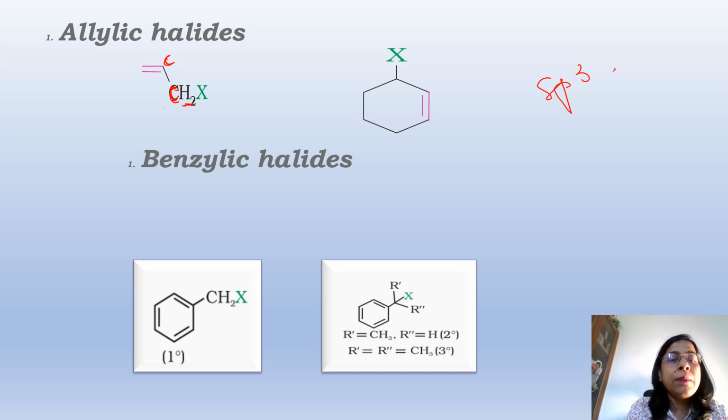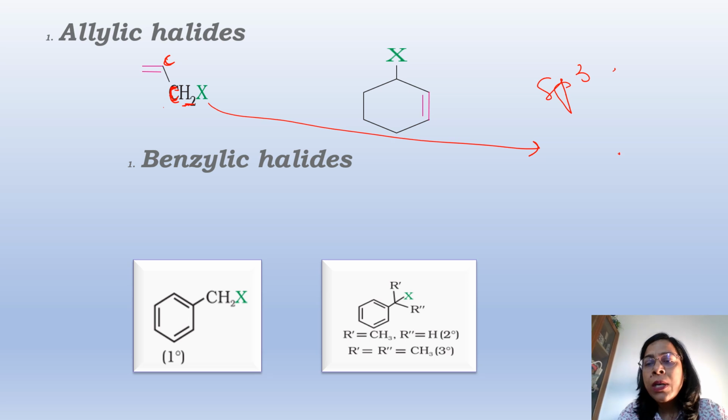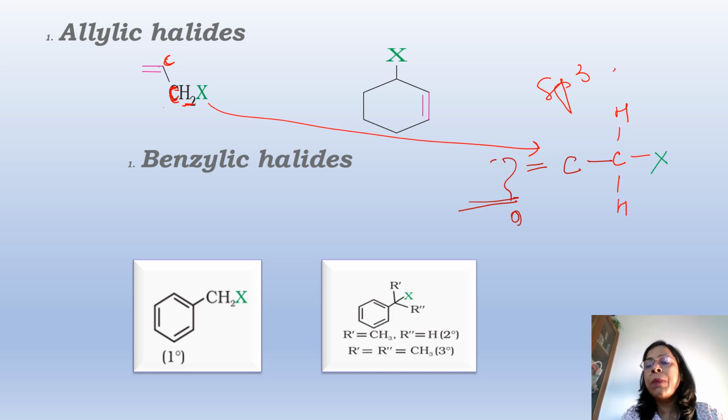So this red colored carbon, which I have highlighted, has two hydrogen atoms, and this is X, which they have written using a green color. I'm also using the same color. And then they have used this carbon, which is bonded by a double bond, and whatever might be here, we are not bothered about it.